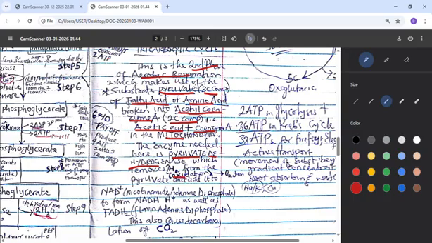So that means there will be decarboxylation, and that's why the 3-carbon pyruvic acid, or pyruvate, will turn to 2-carbon acetyl coenzyme A. Now look at this. This is a coenzyme, nicotinamide adenine dinucleotide, NAD, turning to what? NADH. Why? We have dehydrogenase.